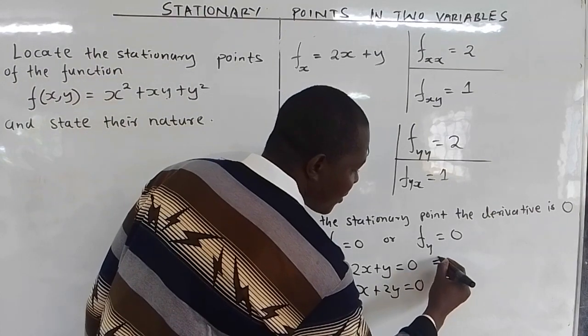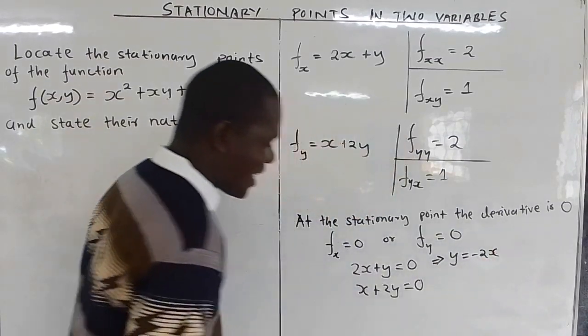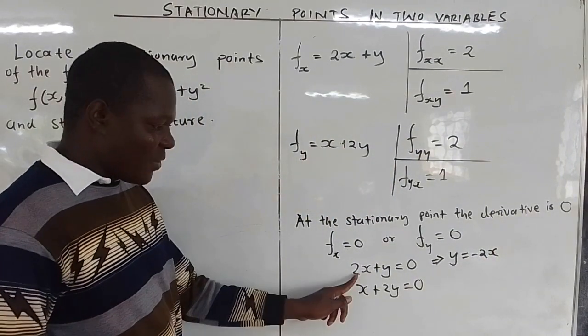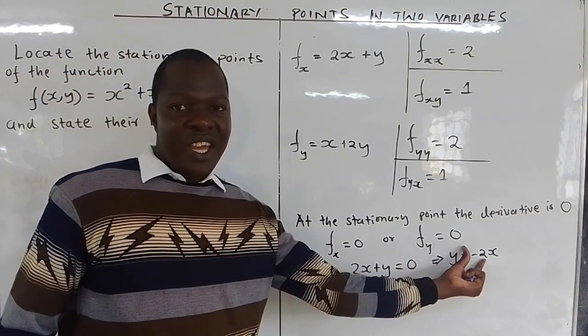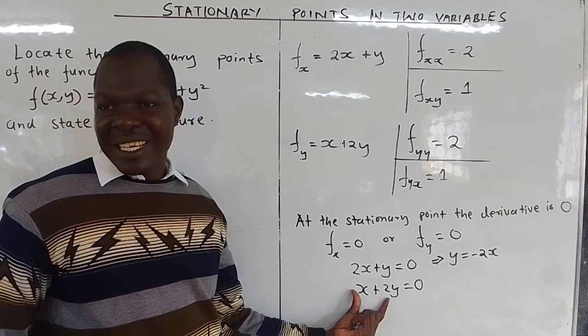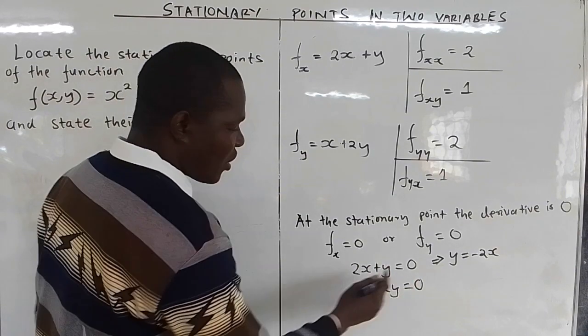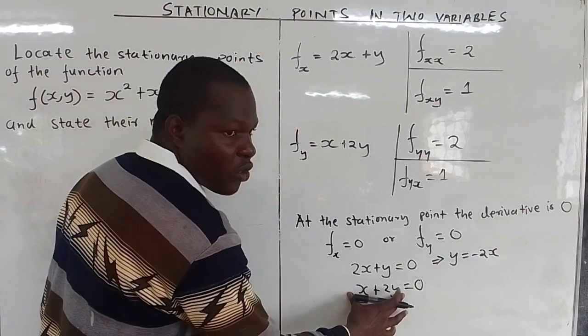Here, you use any method you feel comfortable with, substitution or elimination. From this first equation, if you make y the subject of the equation, you get y equals negative 2x, if you take 2x to the other side, isn't it? You use this from the first equation and substitute in the second equation. In the first equation, we found y to be negative 2x. So where there is y in the second equation, we put negative 2x.